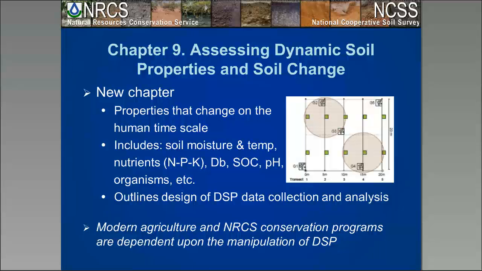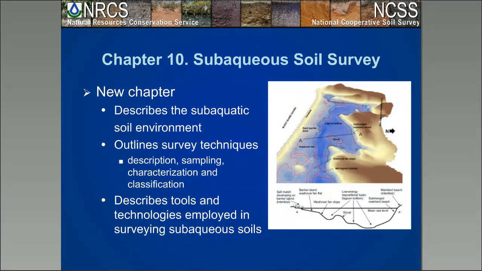If you're going to do conservation work, if you're trying to restore infiltration, you're going to be manipulating one of the dynamic properties of the soil. So our whole agricultural business is centered around these dynamic properties and knowing what they are, how they got where they are, and what we can do to improve them.